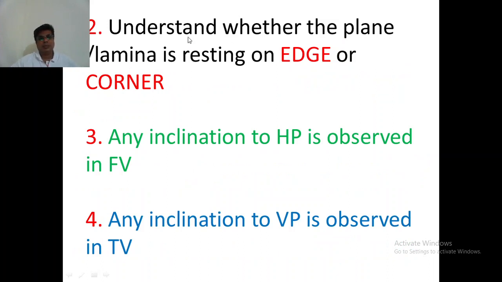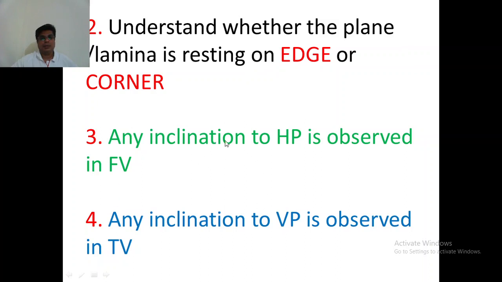The next thing you have to observe is whether the plane is resting on an edge or a corner. I told you that planes are characterized by edges and corners. In the problem it will be given whether the lamina is resting on an edge or a corner. These two things you have to keep in mind.